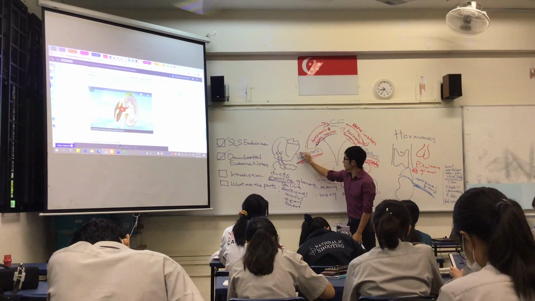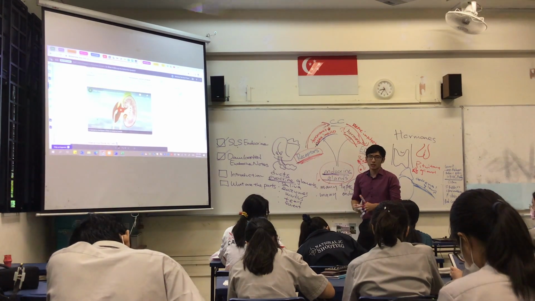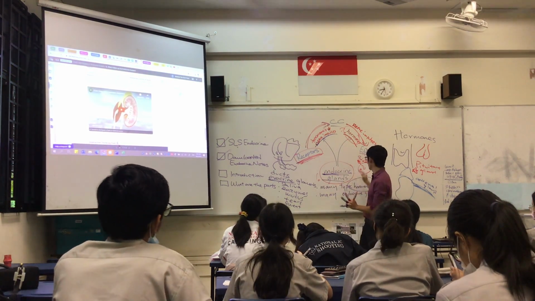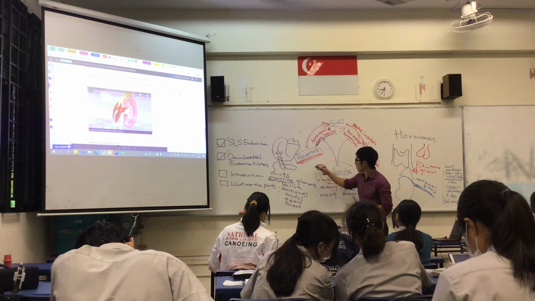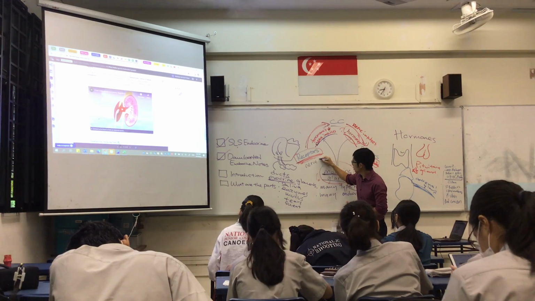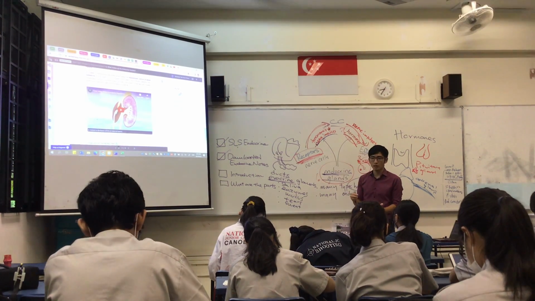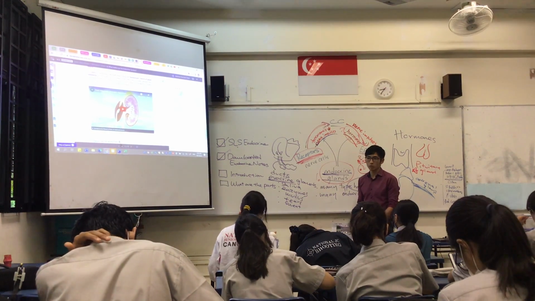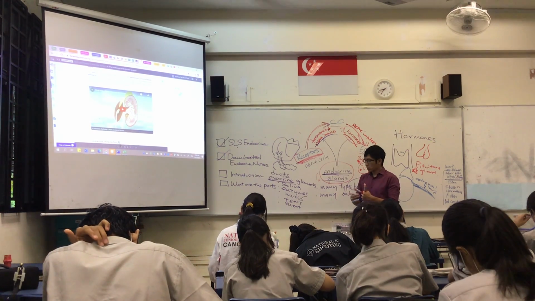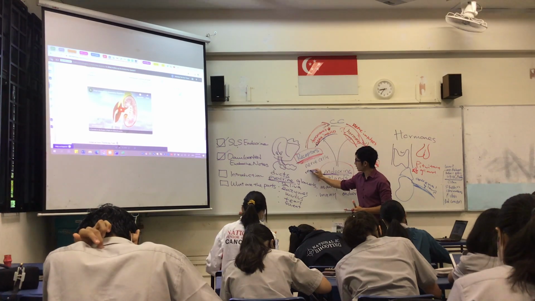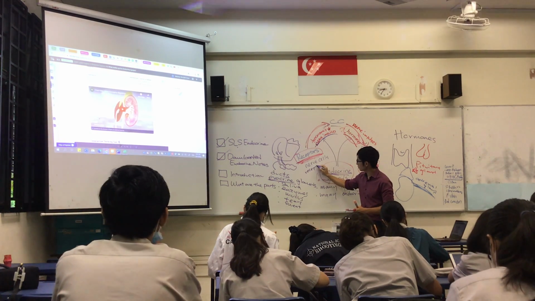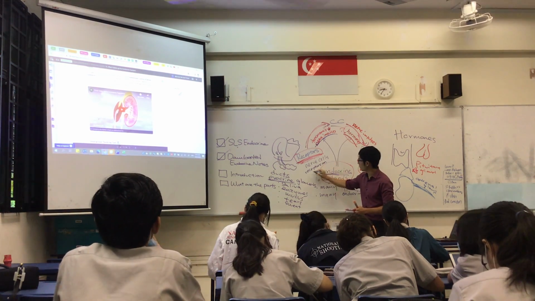At this stage, when we talk about receptors, there are receptors that are found on cells, or it could refer to nerve cells that as a whole act as a receptor also. So it could be nerve cells, or it could be receptors on cells.